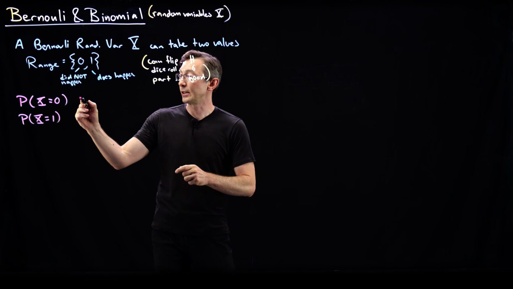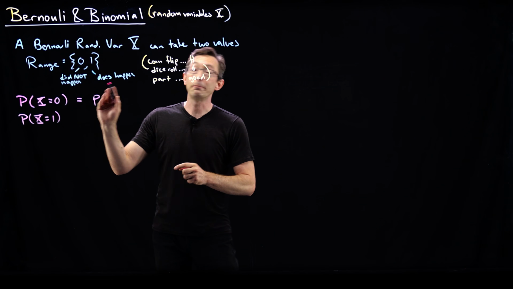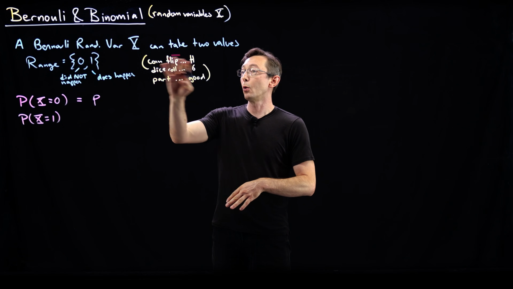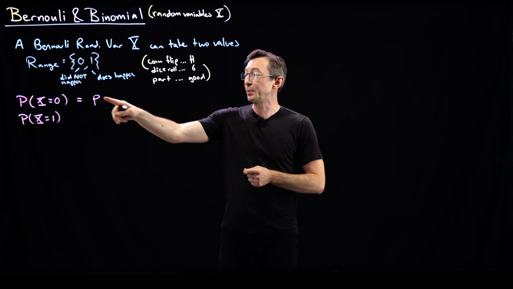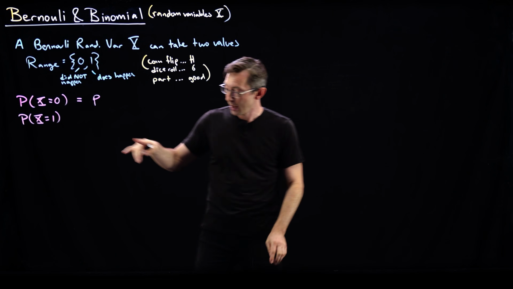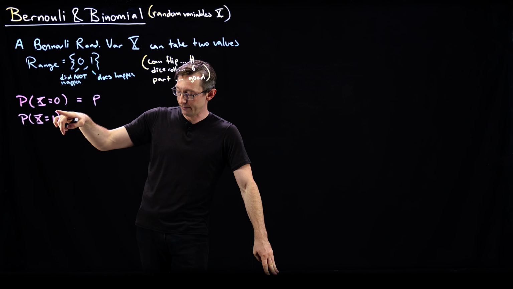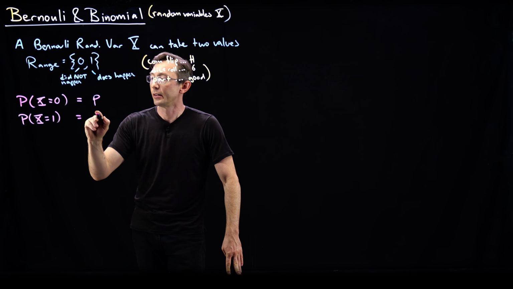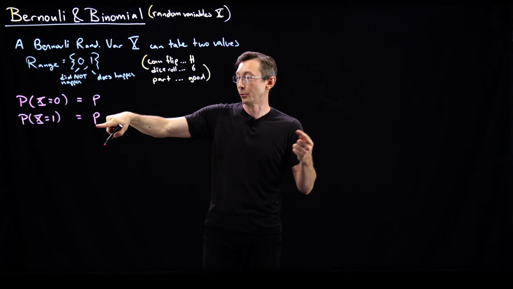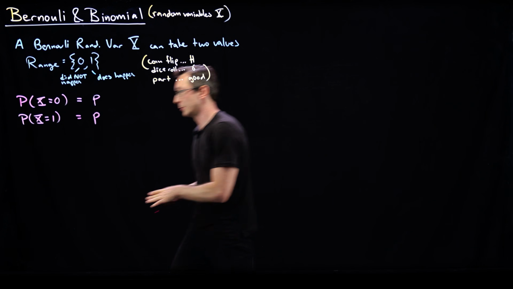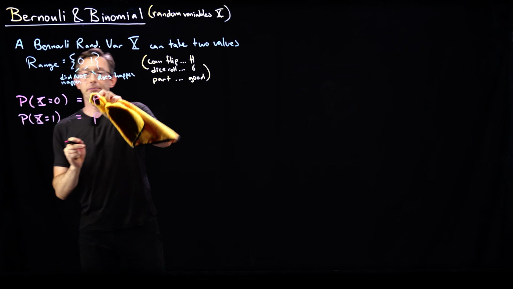The probability of X equaling 1, of a success, is P. We're going to define the probability of X equaling 1 to be P.